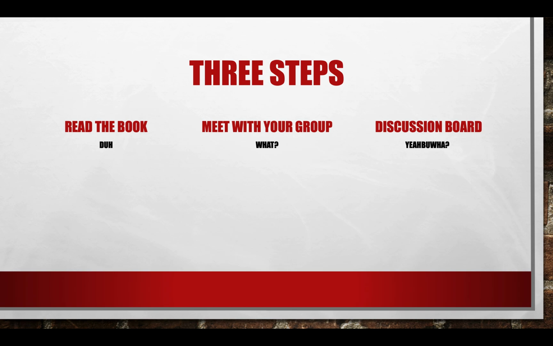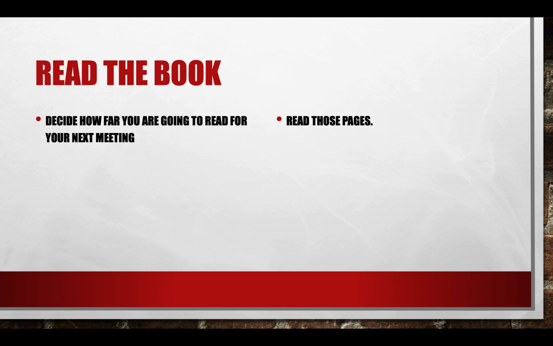Duh. Next, you're going to meet with your group. You may be asking yourself what and how that's going to be because you can't be within 6 feet of each other and it's all terribly hard, and okay. And the discussion board, which we've never done before, so Ms. Sutliff's got your back on that one, so don't worry too much.